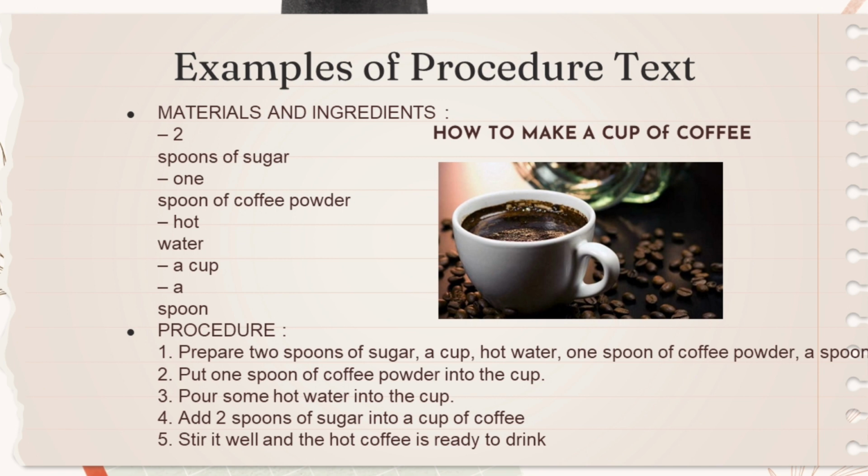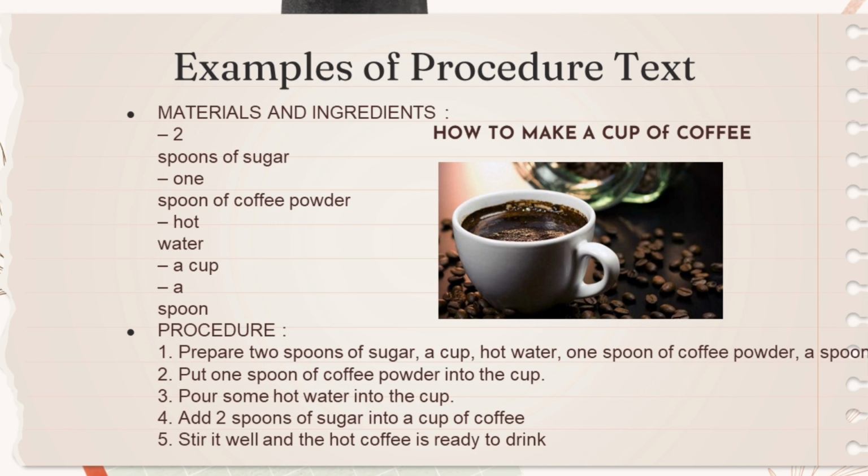Materials and ingredients: 2 spoons of sugar, 1 spoon of coffee powder, hot water, a cup, a spoon. Procedure: 1. Prepare 2 spoons of sugar, a cup, hot water, 1 spoon of coffee powder. 2.